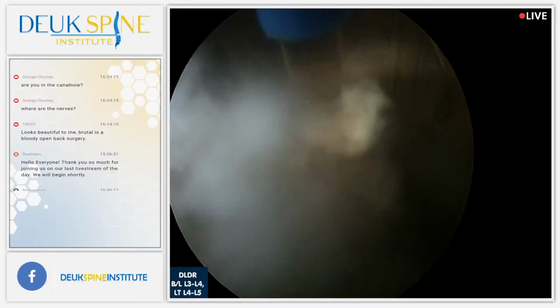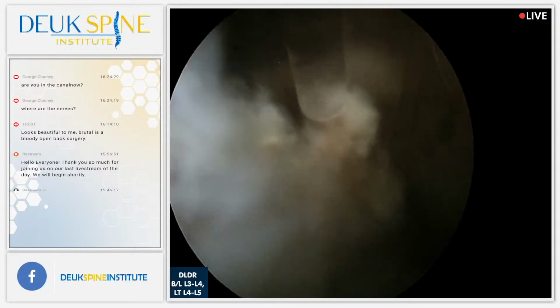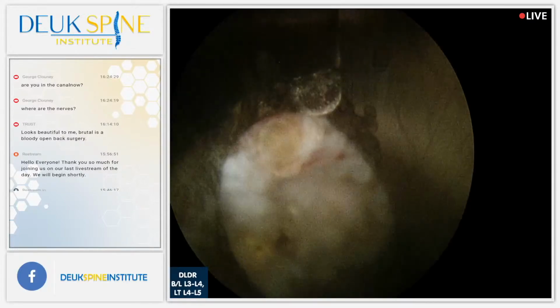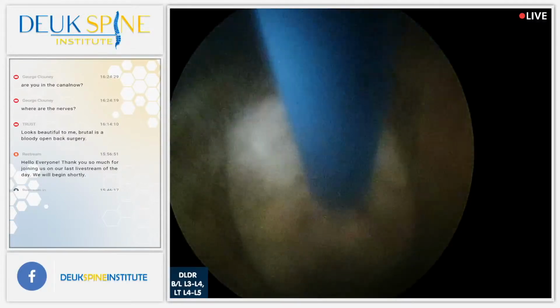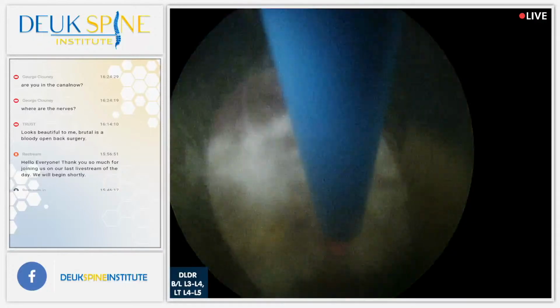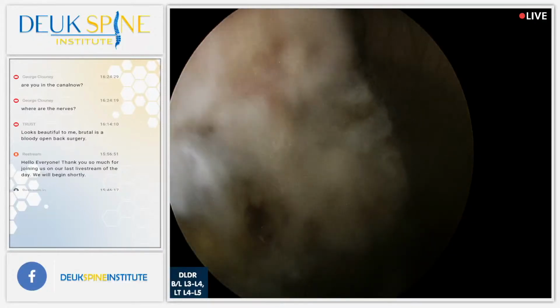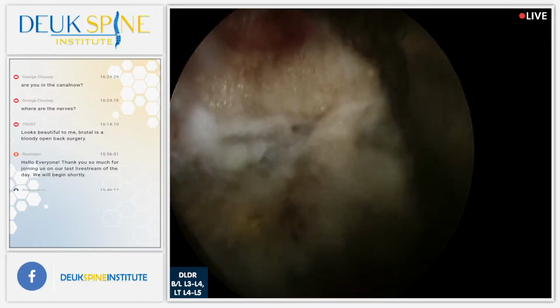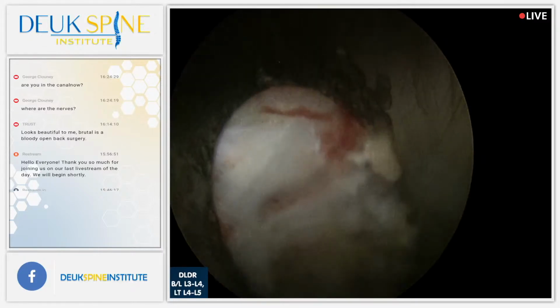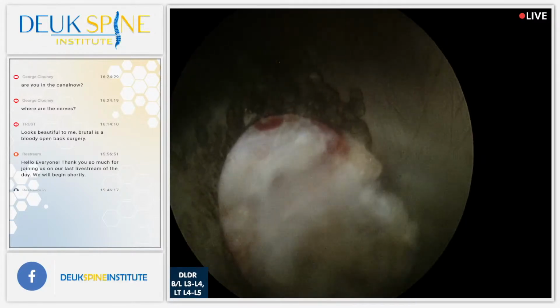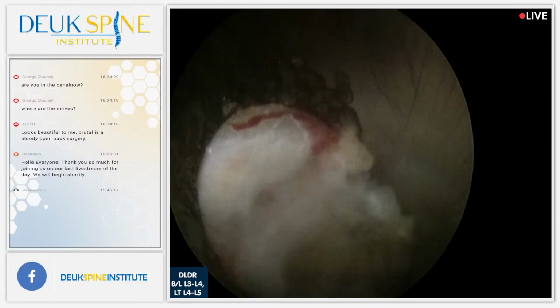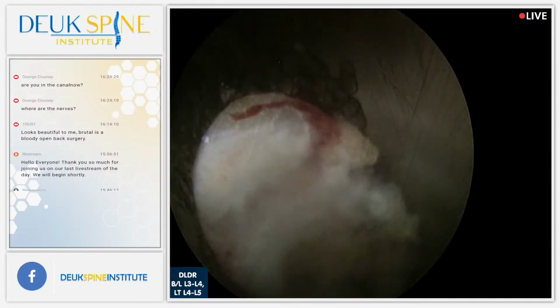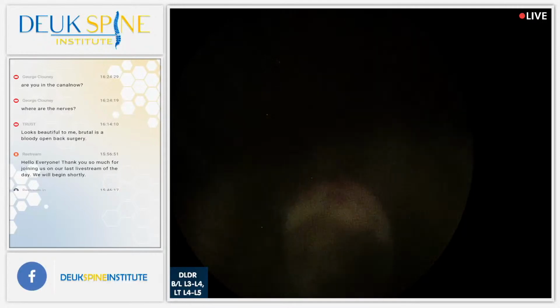Okay, just about done. 5 seconds. Should be done. Done. Yeah, the nerve root is going to be right up in that fat up there. There it is. You see it? You guys see the white thing right there at like 10 o'clock? Yes, we do. That's the nerve root. We're just below it, okay?